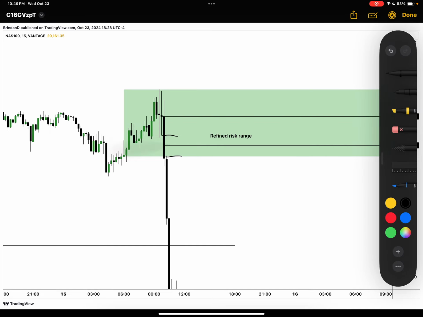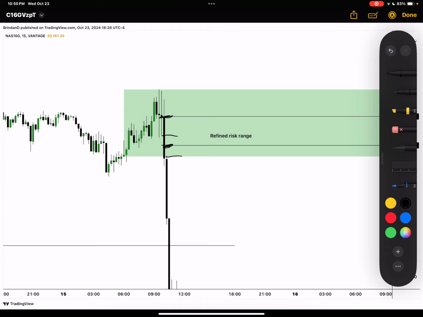What I end up doing is I mark 50%, and I mark the open. But for my stop loss, usually if I'm going to execute or just in general look inside to refine inefficient pricing, in this case I'm going to use the open or the close of this candle to identify that. So really my range, as notated by these two horizontal rays, will be my new refined risk range that I've notated here.